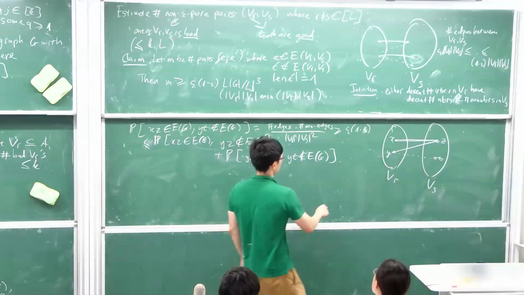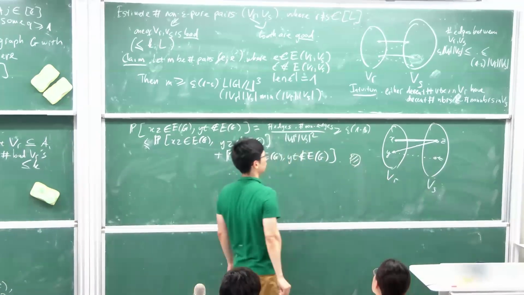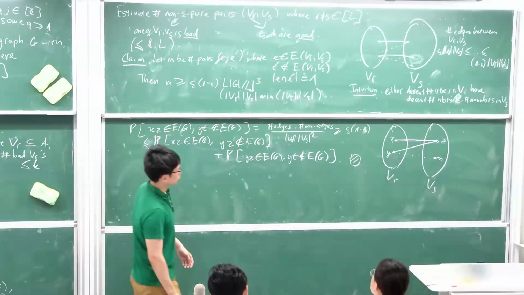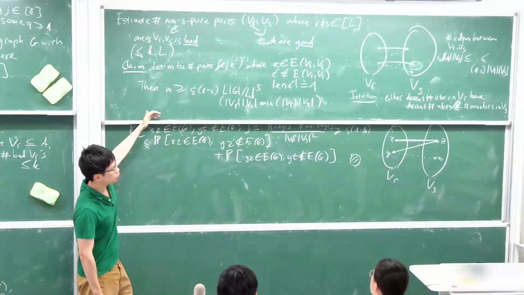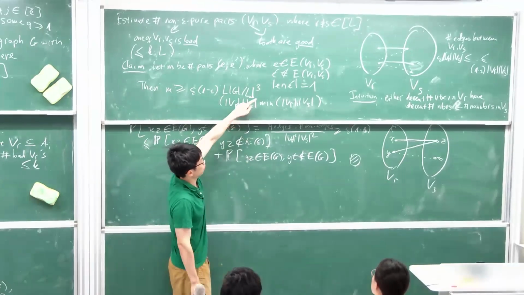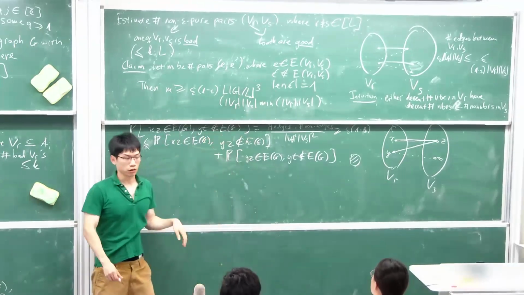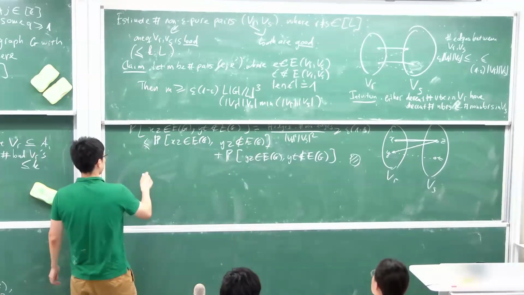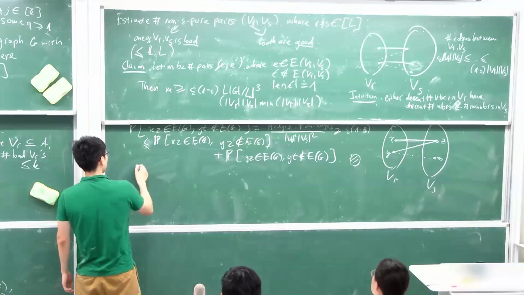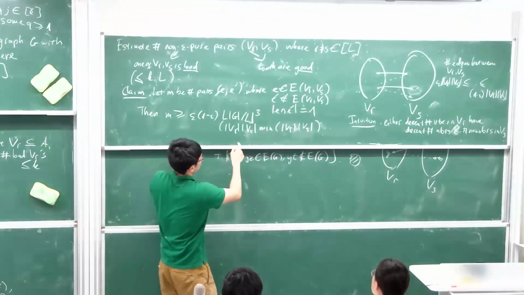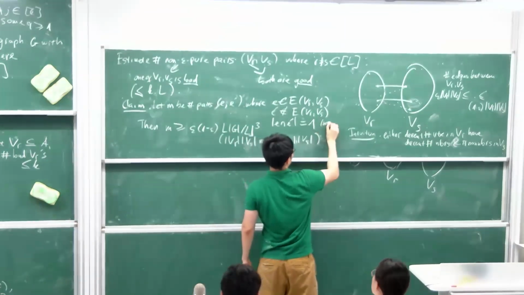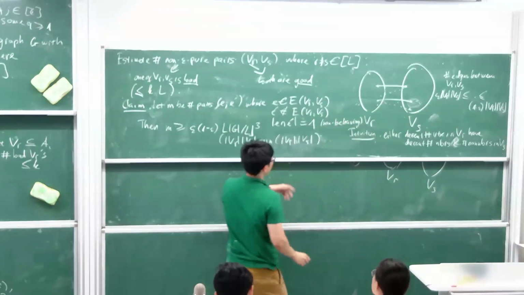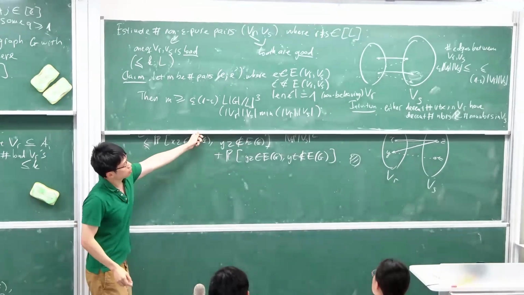So this is a way to count the number of these pairs, the number of non-behaving pairs E, E prime.